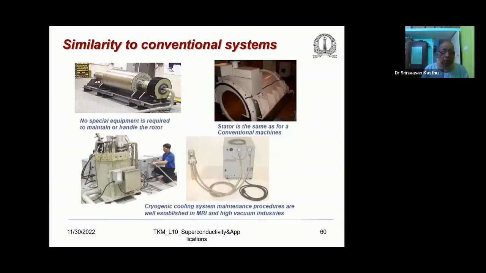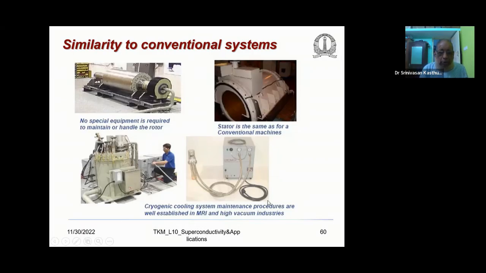Now the typical cooling systems are shown here. They're similar to conventional systems. For example, no special equipment is required to maintain or handle the rotor. The stator is the same as for a conventional machine, and the cryocooler based systems are much more convenient because you need not have any interruption for maintenance and so on.